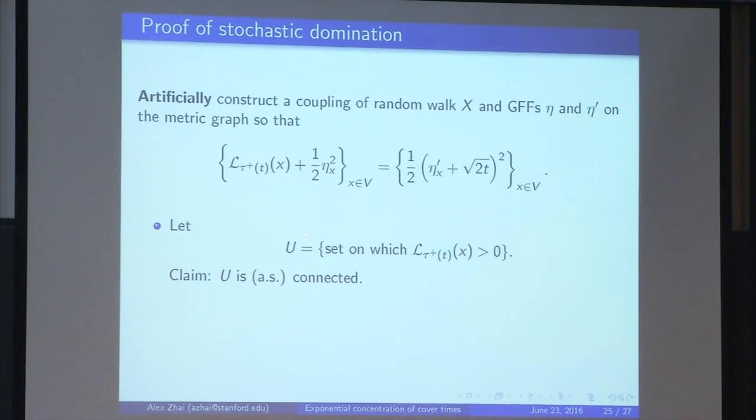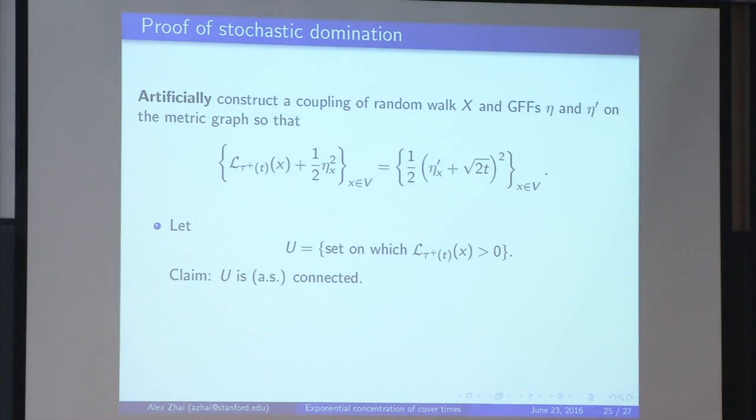I want to claim that this set on which the local times are positive is almost surely connected, which makes sense because if my local time is positive somewhere, that means I've actually visited there.